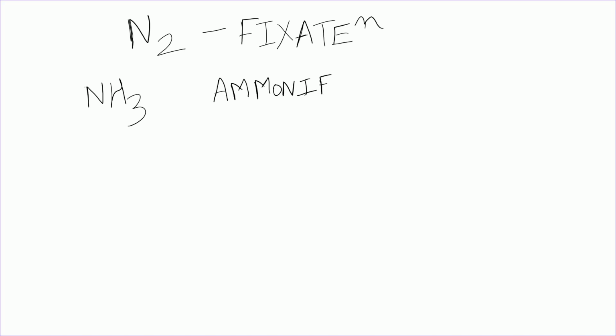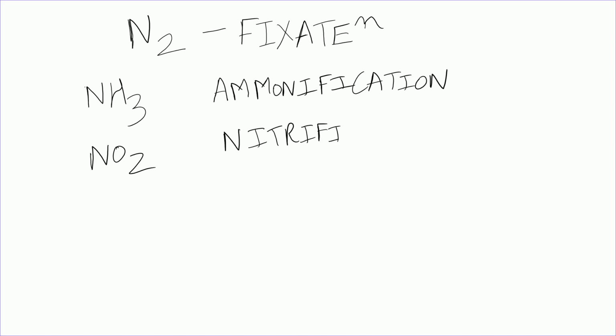These are all terms you will have to deal with. If you already are aware of how they come across this word, you may be able to define it as well. Similarly, we have other nitrogen based compounds as well. You have NO2, nitrification, and so on and so forth. Then there are other oxides of nitrogen as well, nitrites, nitrates, so on and so forth.